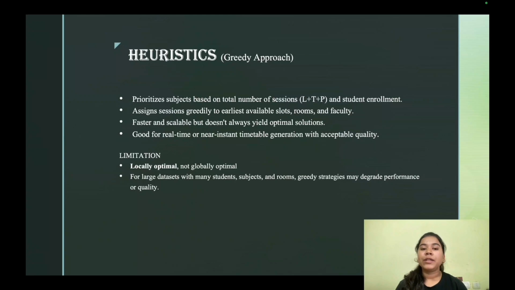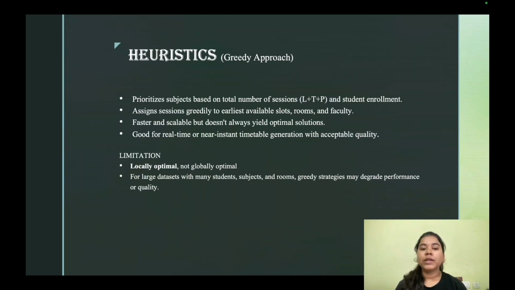Here we prioritize the subjects based on the total number of sessions, lecture plus tutorial plus practicals, we have for that subject, along with the students enrolled in that subject. After that, we assign sessions greedily to the earliest possible slots, rooms, and faculty available for that subject. It is a faster and scalable approach, but does not always yield an optimal solution.